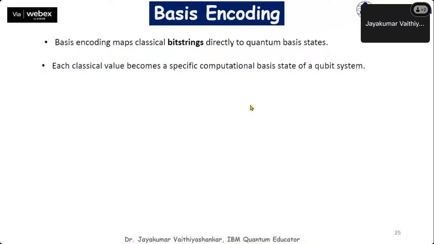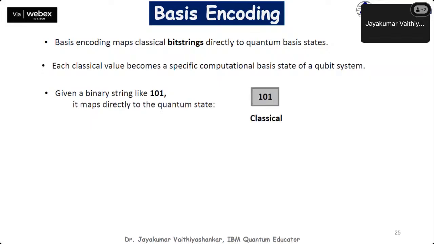Each classical value becomes a specific computational basis state of a qubit system. Whatever basis state you are picking, you need to convert all these classical values correspondingly. Take an example of a binary string. Suppose you have the binary string 101, you can directly map it to a quantum state, ket 101.